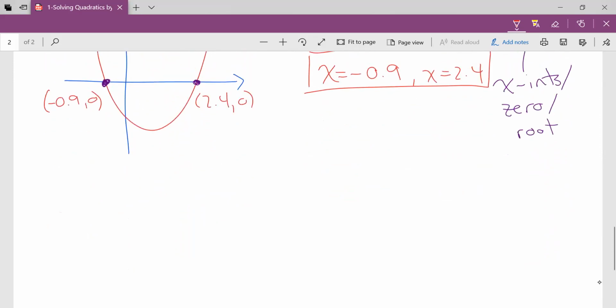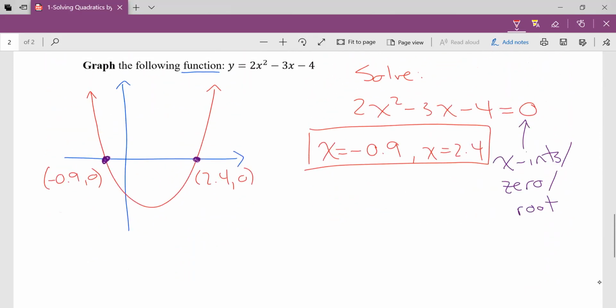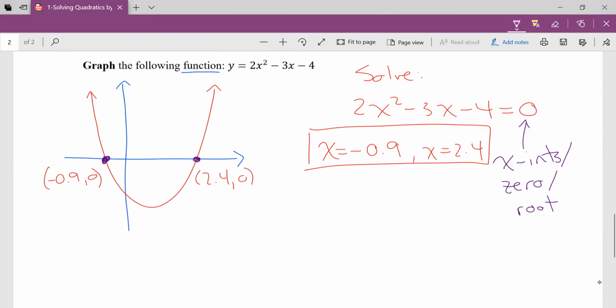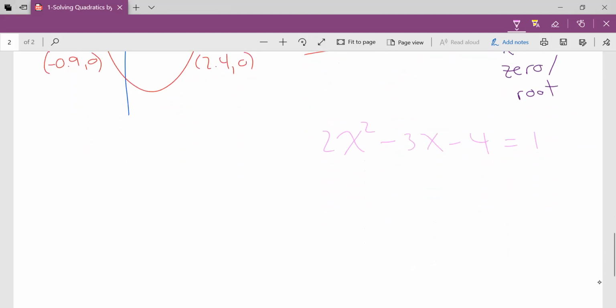Now, wait a minute. What if the other side wasn't equal to 0? Let's go to hot pink. What if it was, I don't know, I'm just going to change the question up, and I made it equal to 1. Well, a couple things we could do. We could very easily simply bring over this 1 by subtracting both sides by 1 and graph that and find the x-intercepts. But what if I didn't want to?